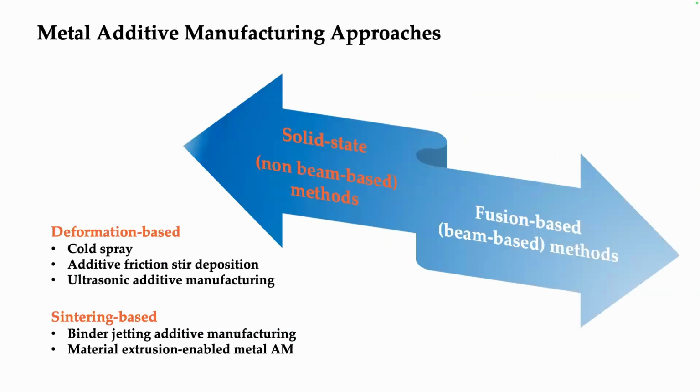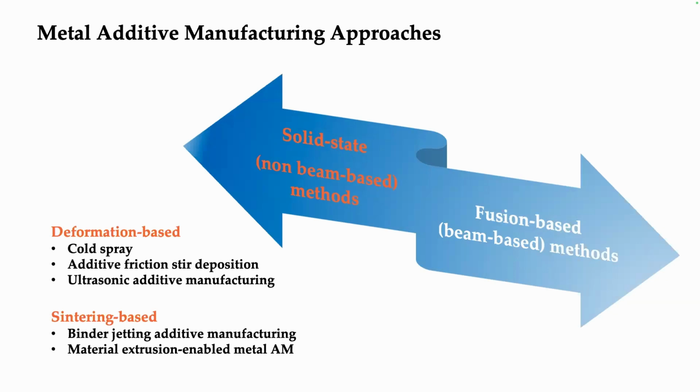If we consider the well-known additive manufacturing techniques to be based on fusion or beam-based technologies, it means that they are relying on melting of metallic material and rapid solidification in a selective manner, layer by layer, to create a structure.